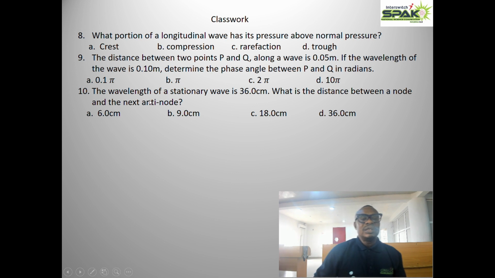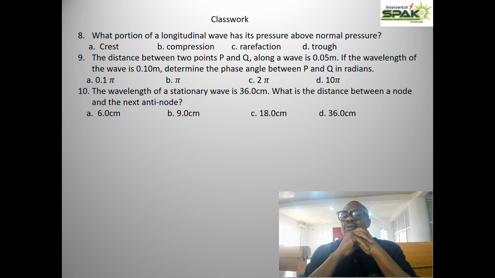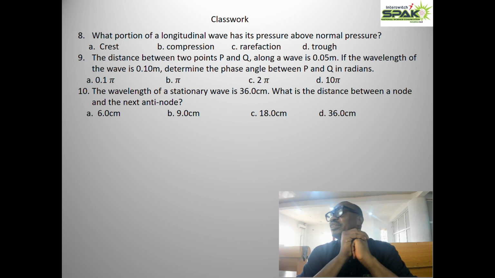Lastly, the wavelength of a stationary wave is 36 centimeter. What is the distance between a node and the next antinode? From node to the successive node, the distance between them is half a wavelength.